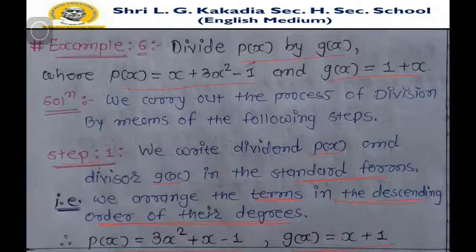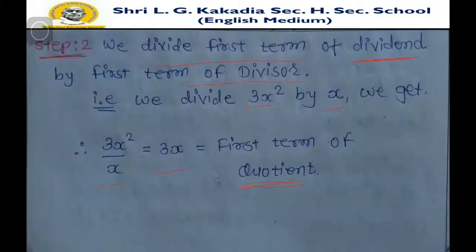So first we put it in standard form, that is p of x is equal to 3x square plus x minus 1 and g of x is equal to x plus 1. Then go for step 2.